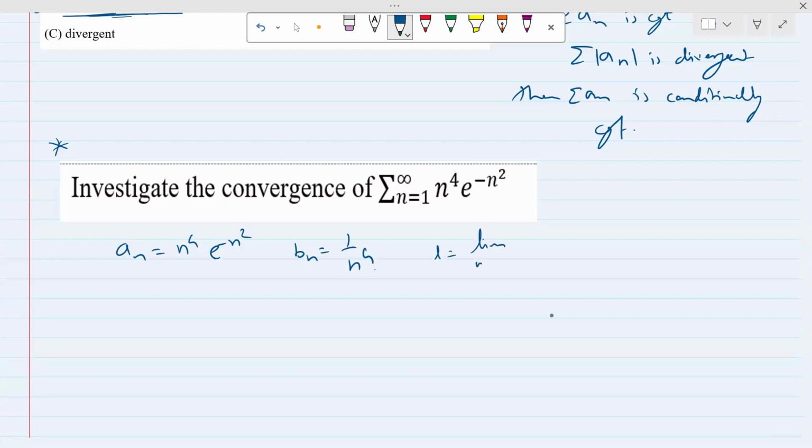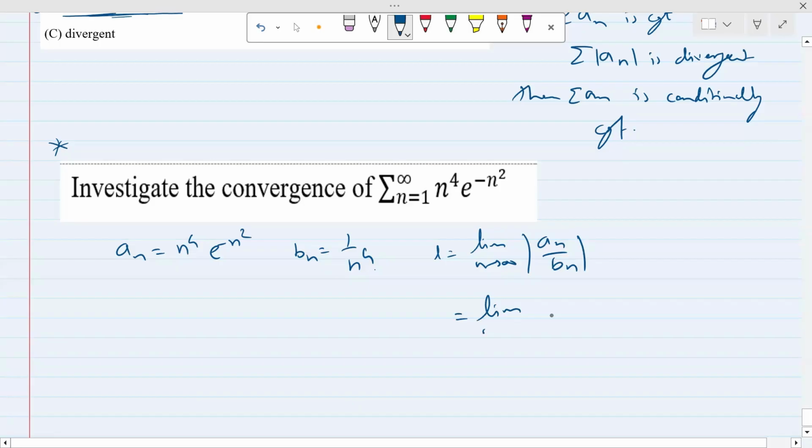So what is the limit as n tends to infinity of mod an by bn? It is 0. Dividing by bn, we get n raised to 8 upon e to the power n square, which goes to 0.